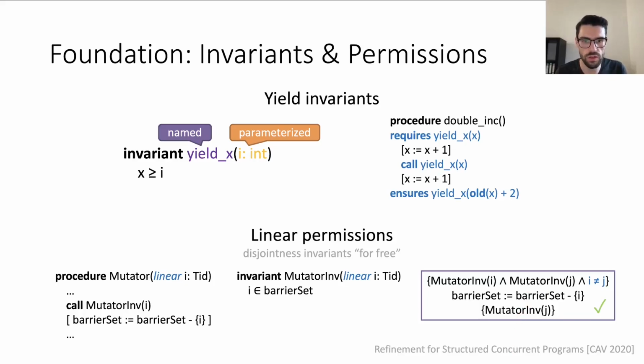Overall, linearity allows us to get additional information into non-interference checks and also commutativity checks without explicitly writing down and propagating these invariants.